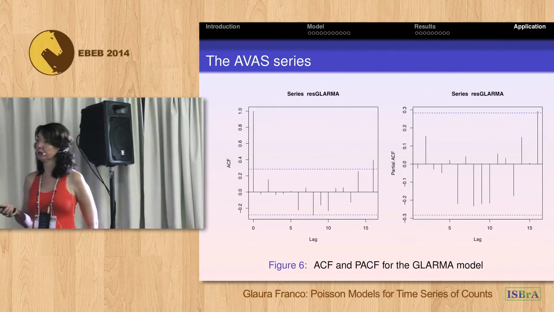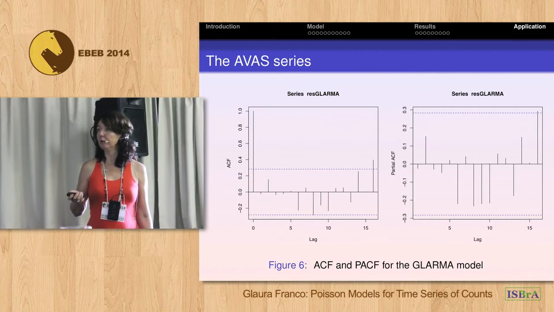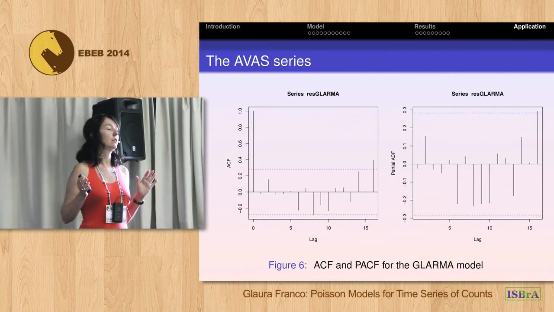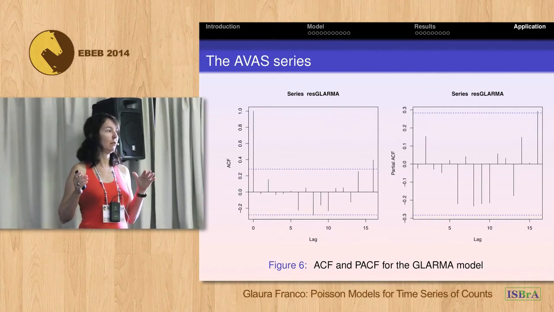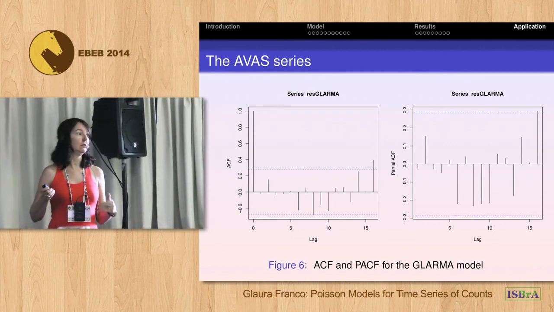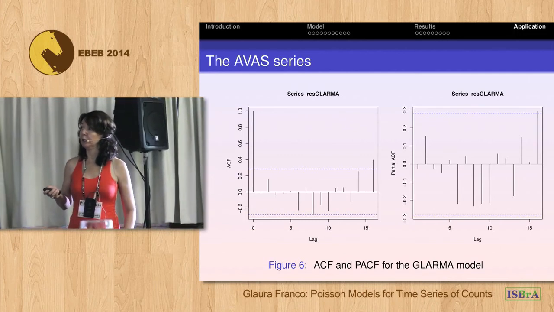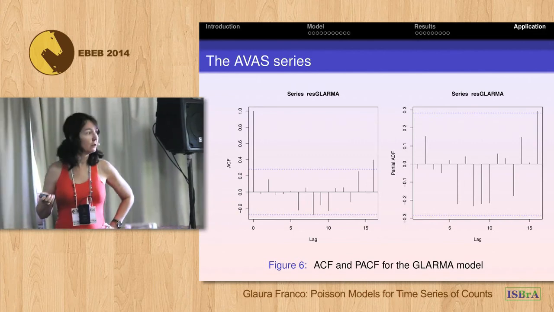And here is what we find most interesting, because if we just fit a GLM, a generalized linear model, for the series, and we do not account for the autocorrelation present in the series, we cannot find white noise residuals.